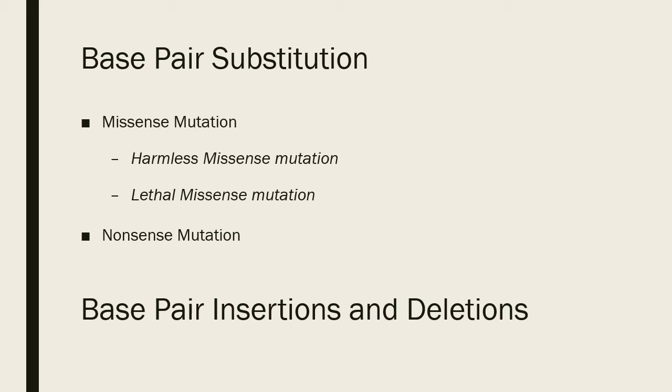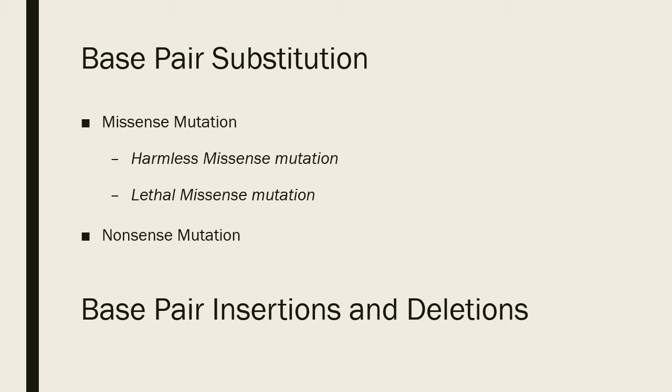So insertions and deletions, or additions or loss of one or more nucleotide pairs in a gene, are called base pair insertions and deletions, and these mutations have a more dangerous effect. The mRNA is read as a series of nucleotide triplets during translation.